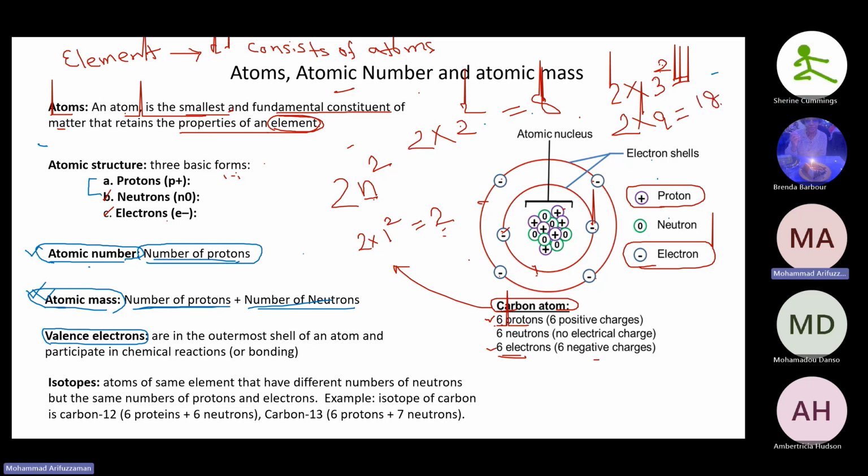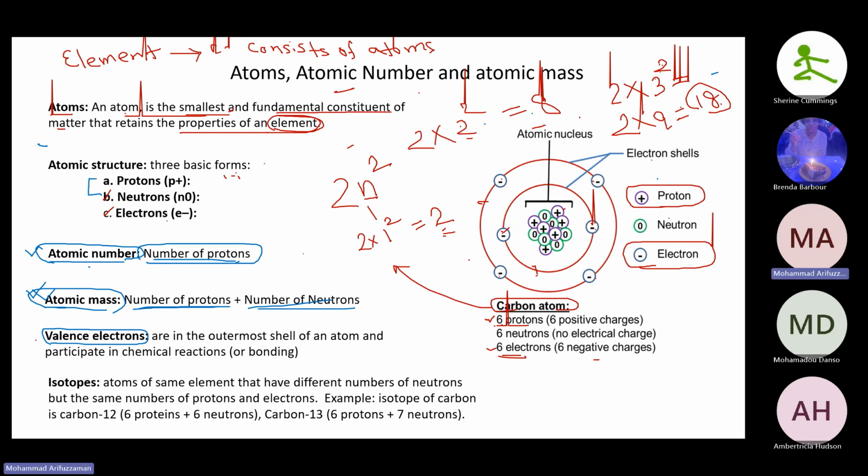I mentioned n means the number of the shell. The first shell can hold 2 electrons, the second shell 8, and the third shell can hold a maximum of 18 electrons. So this is the number of electrons around the electron shells.